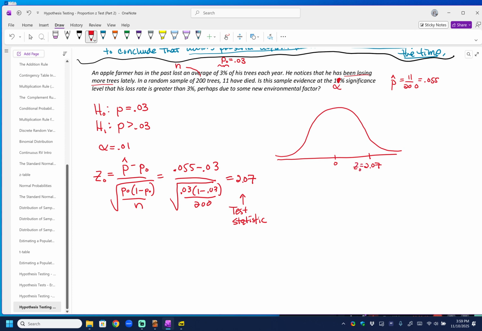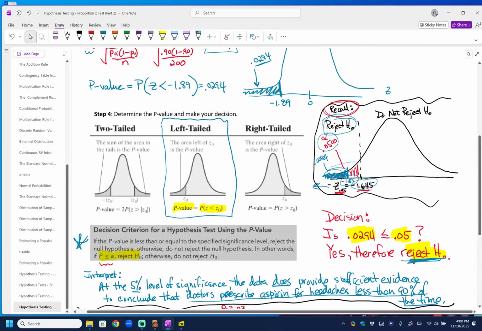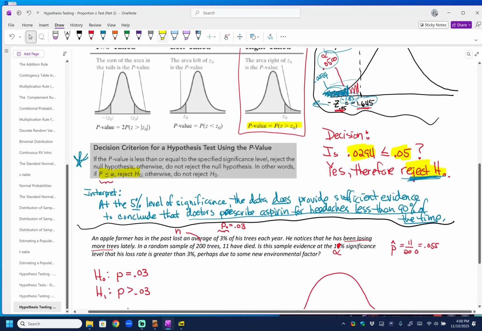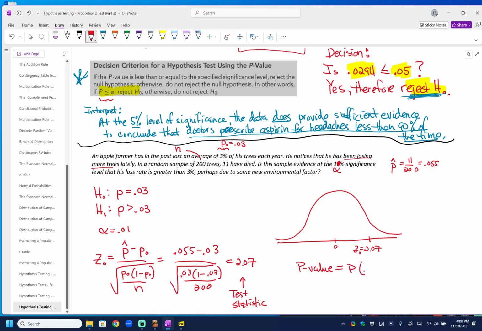We now return to our guide over here for right-tailed tests. So now we're here. Now, according to a right-tailed test, the p-value is always going to be equal to the probability that z is greater than our test statistic z sub 0. So let's write that out. So our p-value is going to be equal to the probability that z is greater than z sub 0.